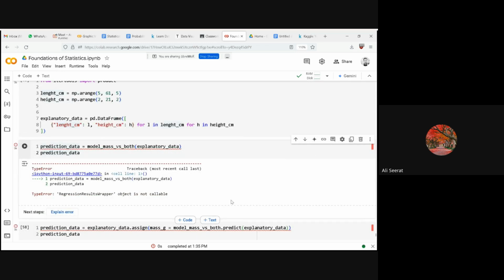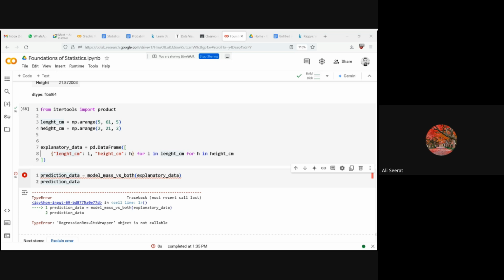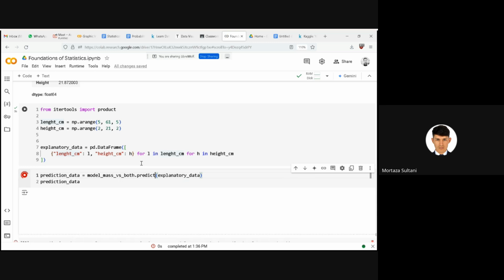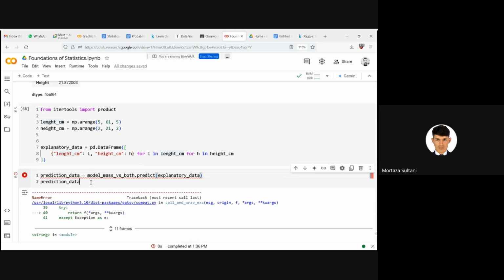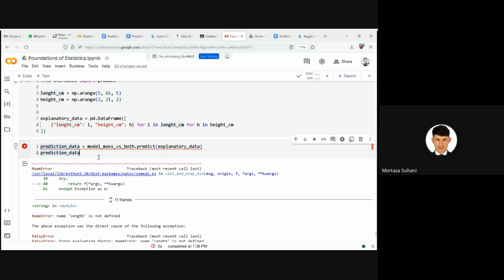Again, it says explanatory data. I didn't use the dot predict after the model. Model mass versus both dot predict, I think. It should be explanatory data, yeah?